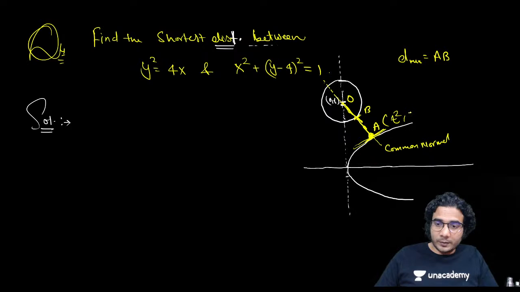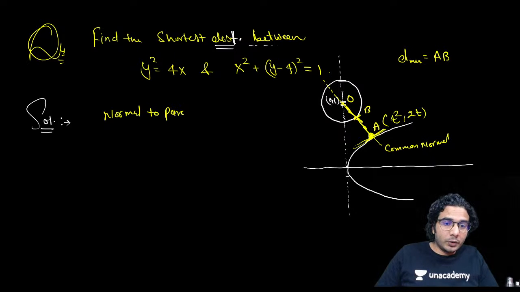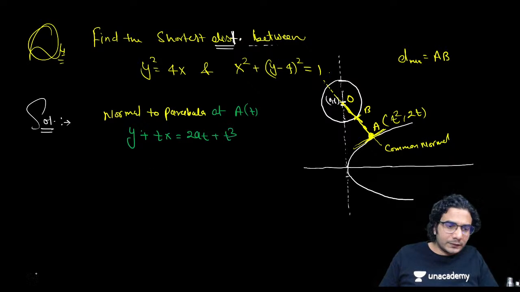So this is t square comma 2t, and in terms of t, the equation of normal to parabola, obviously we'll use the benefit of standard curves whose normal we have memorized. So normal to the parabola at a t point is y plus tx is equal to 2at plus at cube. So a is 1, we'll put a is equal to 1.